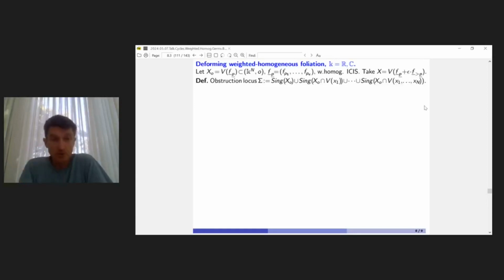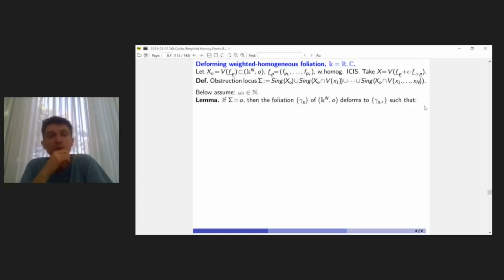So here is the precise statement. Below I will assume that all the weights are natural numbers. We can always assume this, just scale them. Suppose this abstraction locus is just one point. Then the initial foliation of our neighborhood of the origin deforms to the deformed foliation such that, this is the first condition, an arc sits inside X0 if and only if its deformed version sits inside the exceptional.